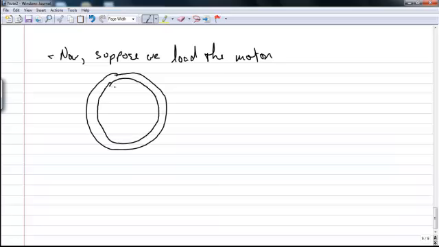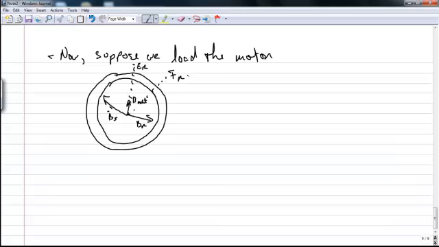We have our induction motor, and now we have our stator magnetic field, rotor magnetic field, the net, and we can think about ER and IR.